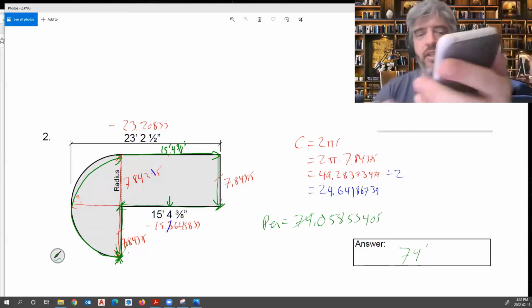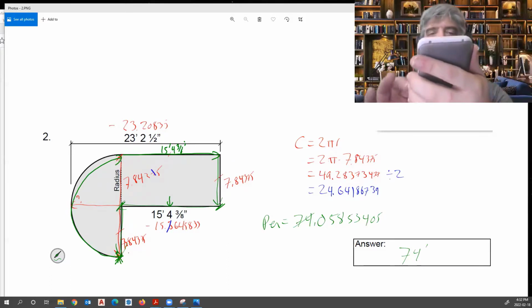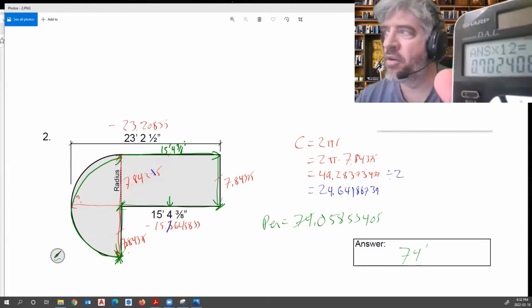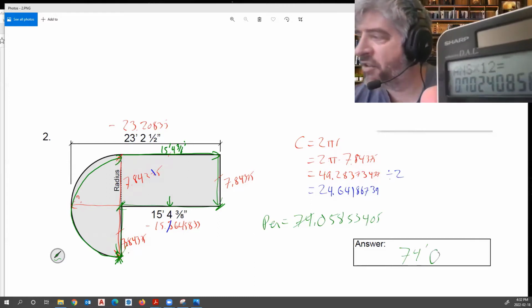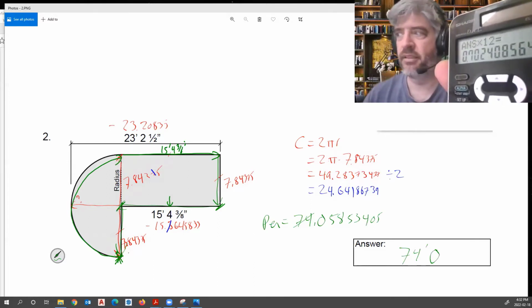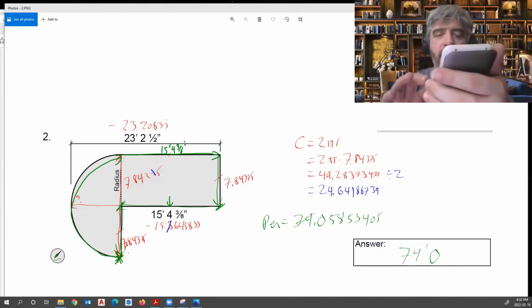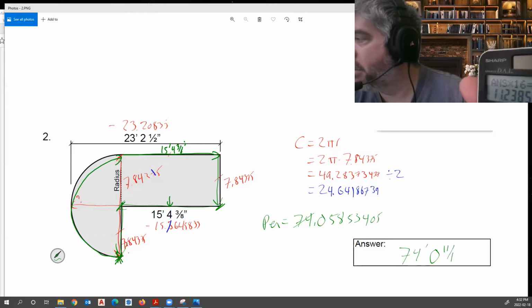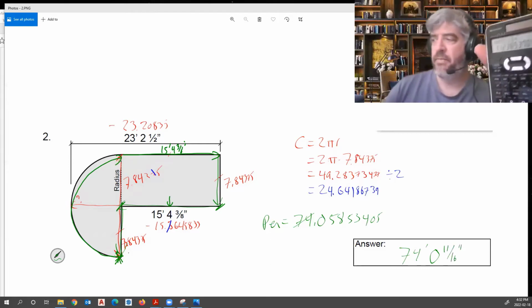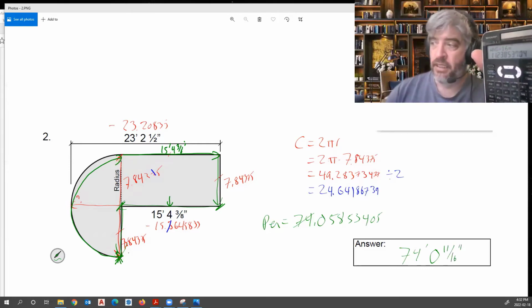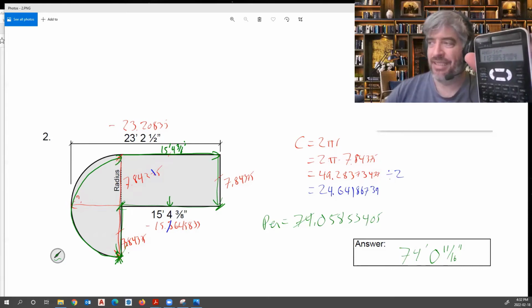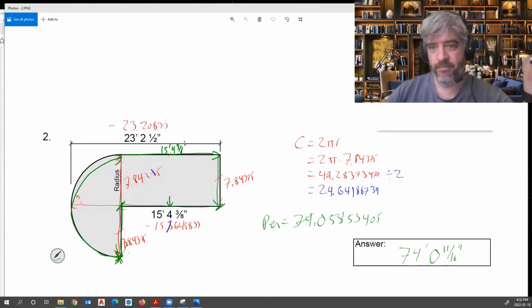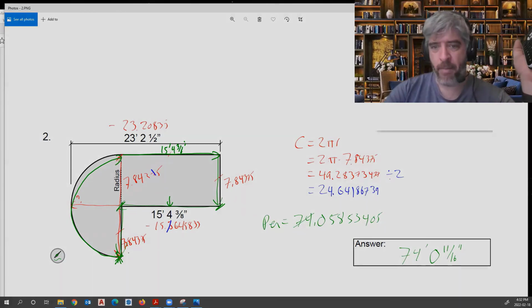So my next step here is to times this by 12, which gives me 0.7. That means there's 0 inches, right? And then I can take the balance and times by 16, which is 11/16. Okay, answer's done. 74 feet, 0 and 11/16. That is linear number 2.